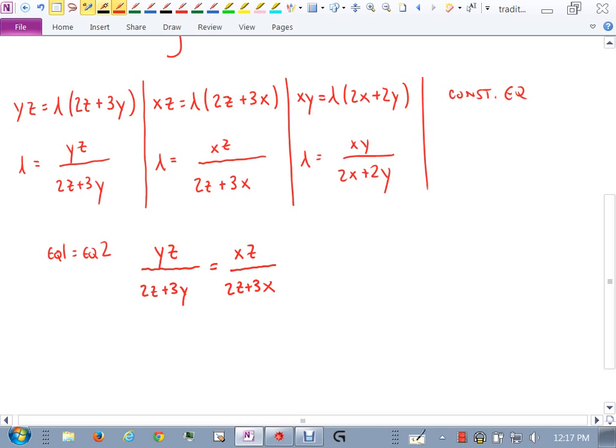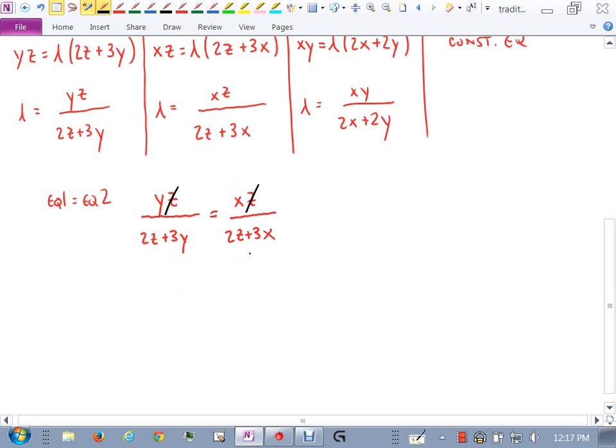Don't want to get rid of z? Now what? We can do that because z can't be 0, right? Okay. Like a cross multiply type thing, right? So we get 2yz plus 3xy equals 2xz plus 3xy.